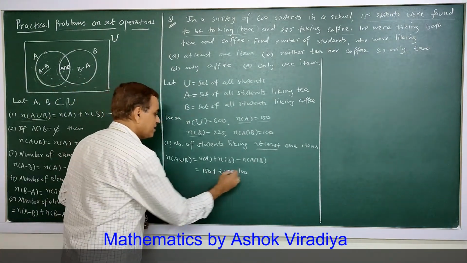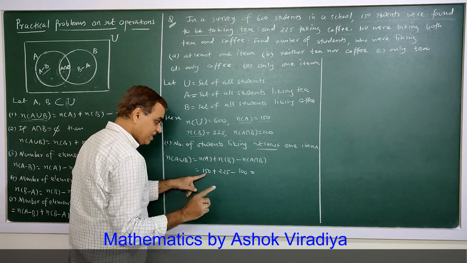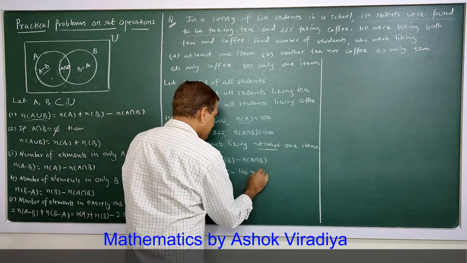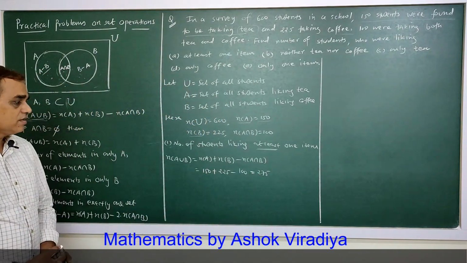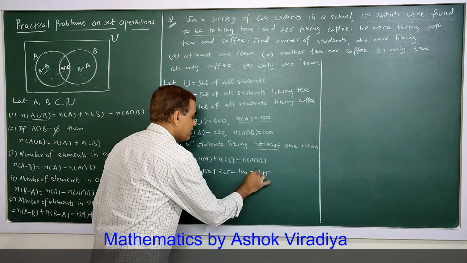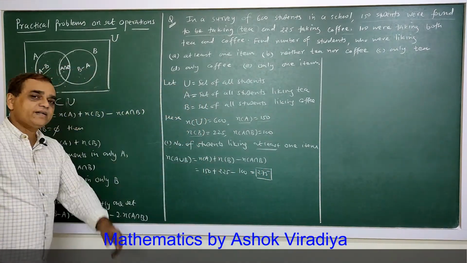So this equals 150 minus 100 is 50, 50 plus 225 is 275. So there are 275 students liking at least one item.